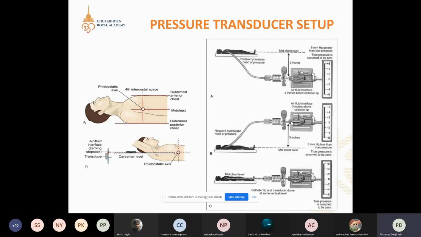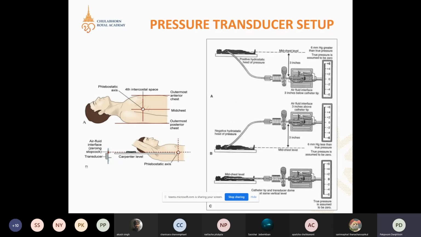If the pressure transducer is placed lower than the phlebostatic axis level, the pressure you detect will be higher than the actual value.